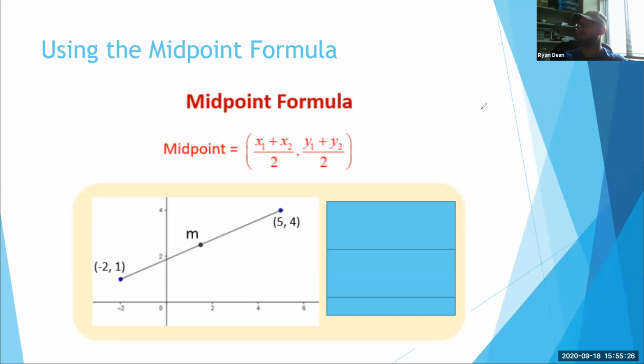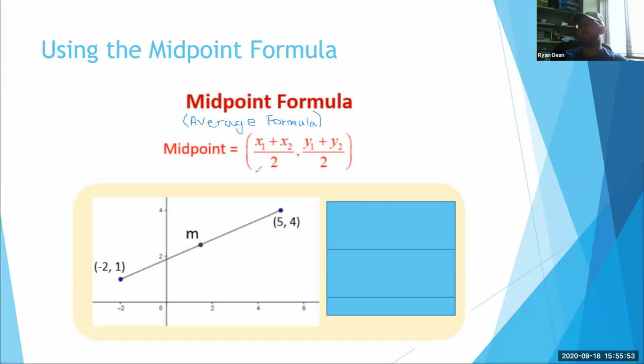Except when we just took a look at it, it was one-dimensional. So this midpoint formula, I'm going to put here in parentheses that this is the average formula, because we're taking the average of two things, and those two things are points.